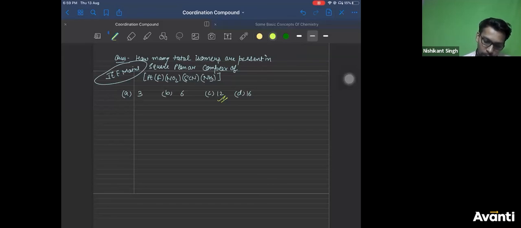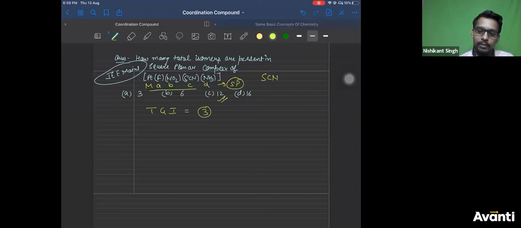So you should understand, first of all, it is M, A, B, C, D, a square planar complex. So total GI is 3. Then in those 3 GI, SCN is an ambidentate ligand, so it will show linkage. So 2 linkages come from SCN. These 3 GI will be present sometimes as SCN and 3 GI as NCS.